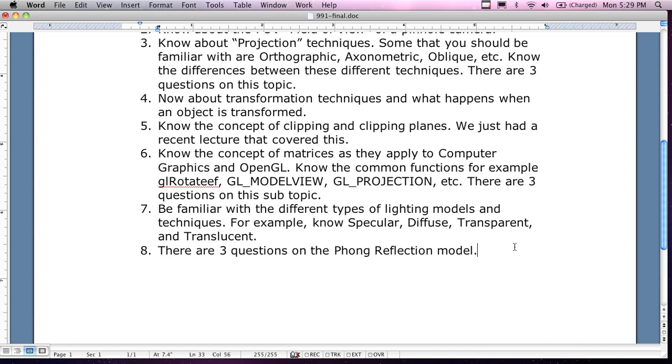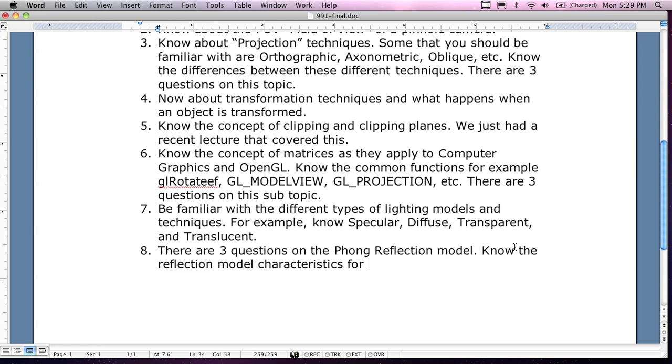So the lighting, the reflection models, no. The reflection model types, for example, I shouldn't say column, reflection model, what do you call these things? Characteristics.